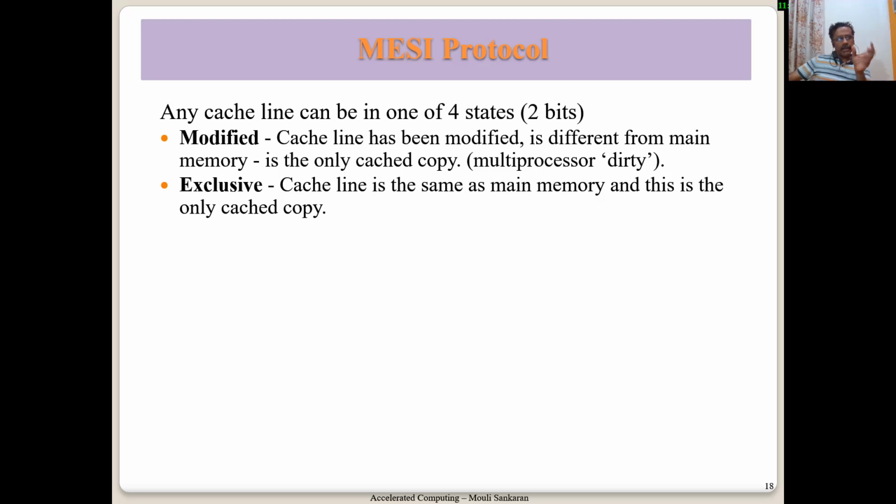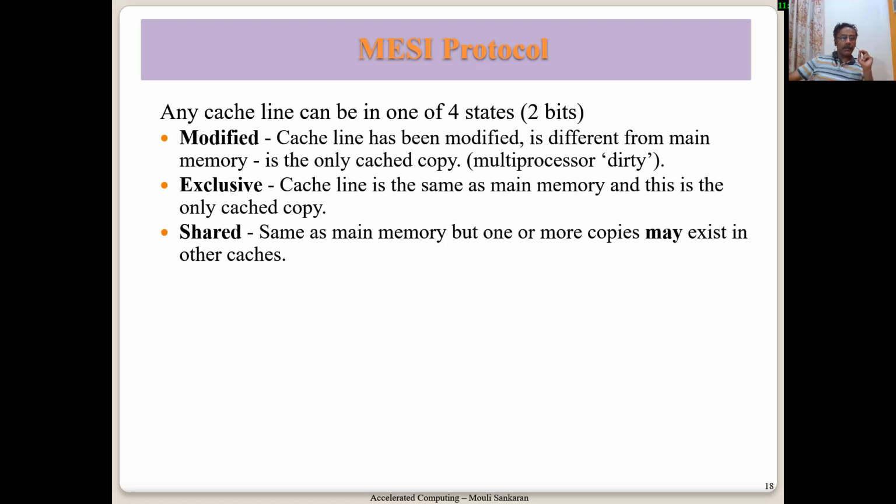What is exclusive? It is for the read purpose, and only one copy is available, and there is no other copy available on other cores. And the value of this cache line is the same as main memory content. These two are very important points to be noted. What is shared? Shared means you are using it for read purpose, and it is for sure available in other cores, because exclusive is there.